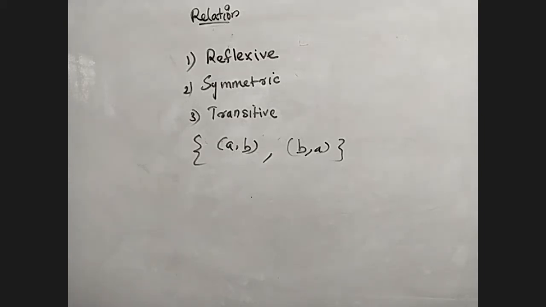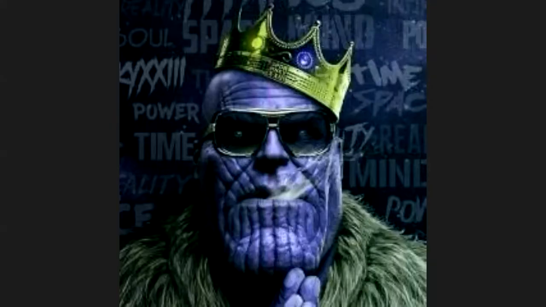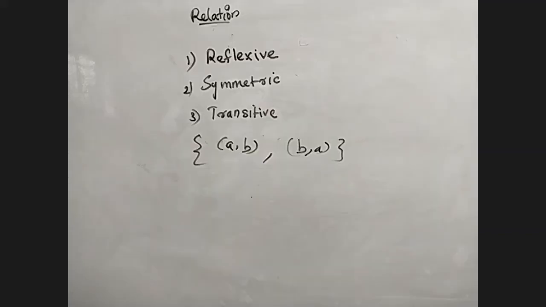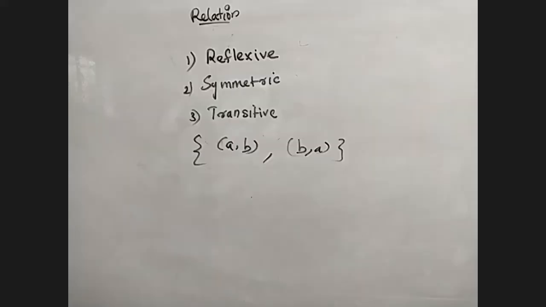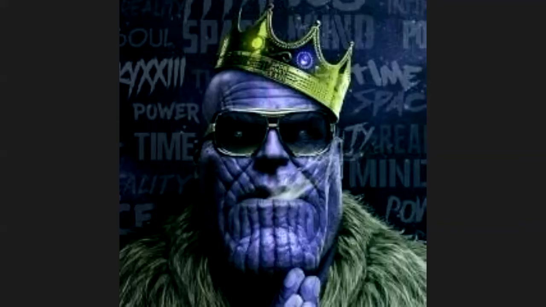Assuming both are girls, if a family has two girls, A is sister of B, B is sister of A. That is symmetric. If A is husband of B, is B husband of A? No, she should be a wife. So that is not symmetric. Understood what is symmetric and not symmetric?